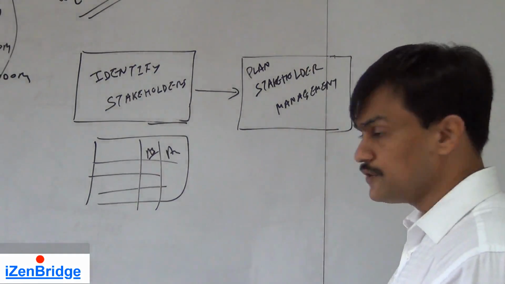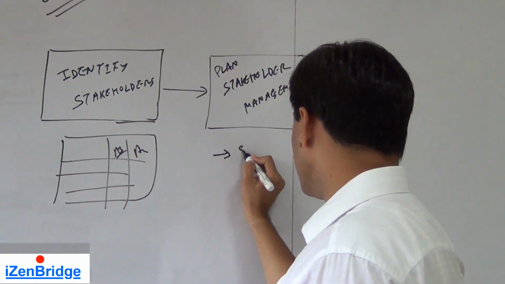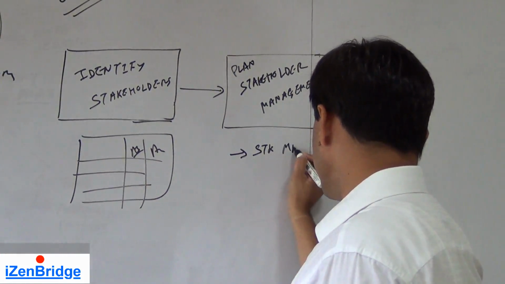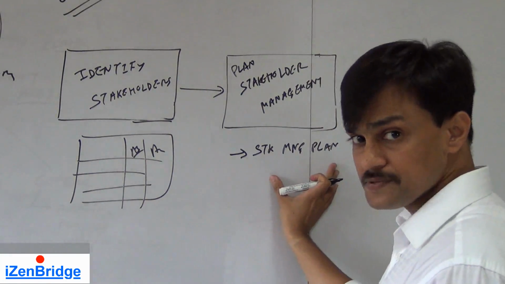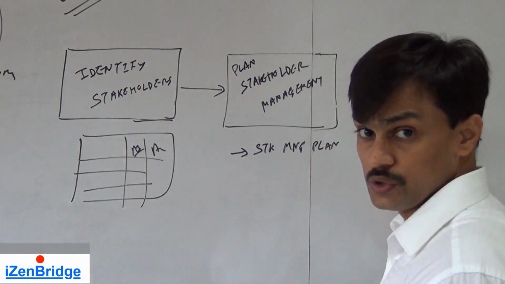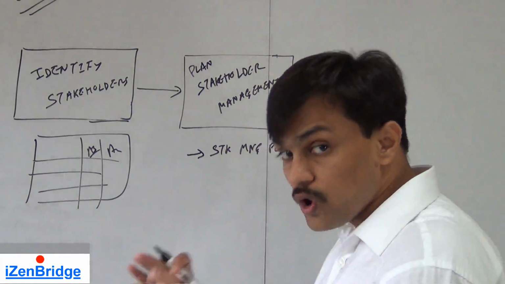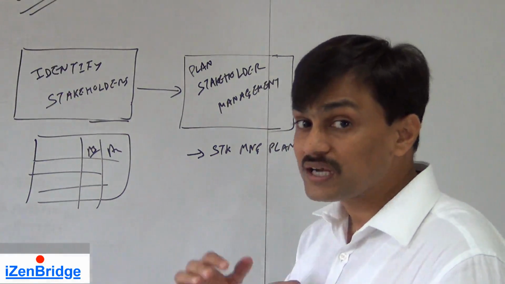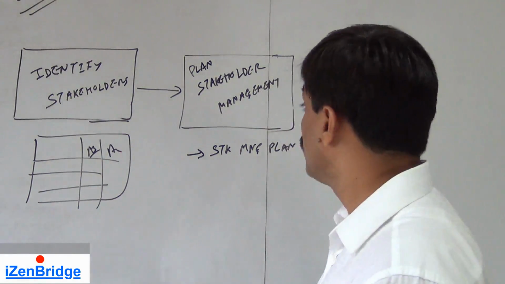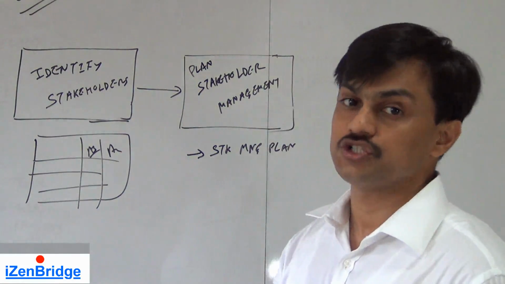This process gives us the stakeholder management plan, a plan which helps us in engaging the stakeholders throughout the project life cycle. This plan also tells us what kind of actions we should take in order to engage the stakeholders.